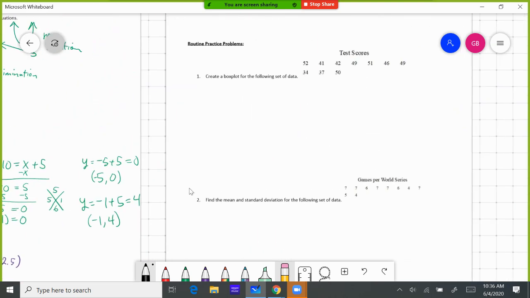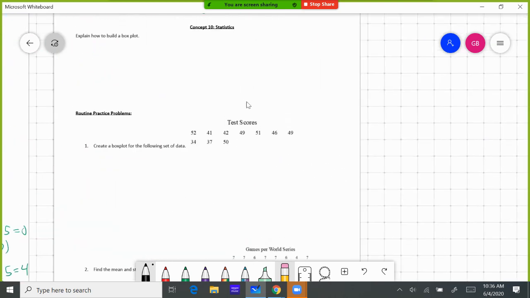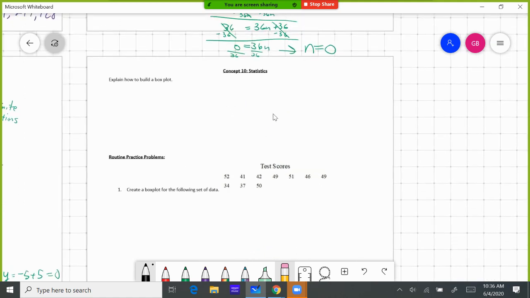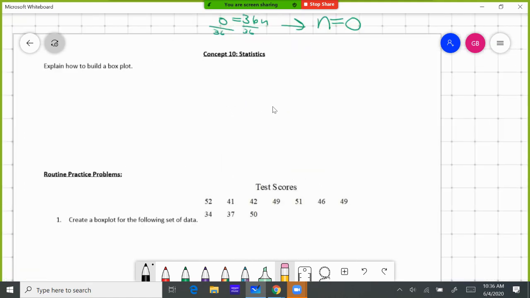Okay, and then this is the last chapter of the school year that we're going to review. Okay, explain how you build a box plot. First, you need to arrange the numbers from least to greatest.